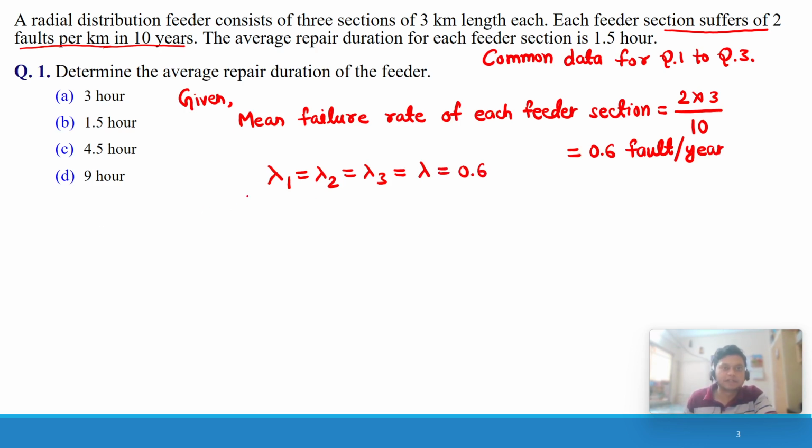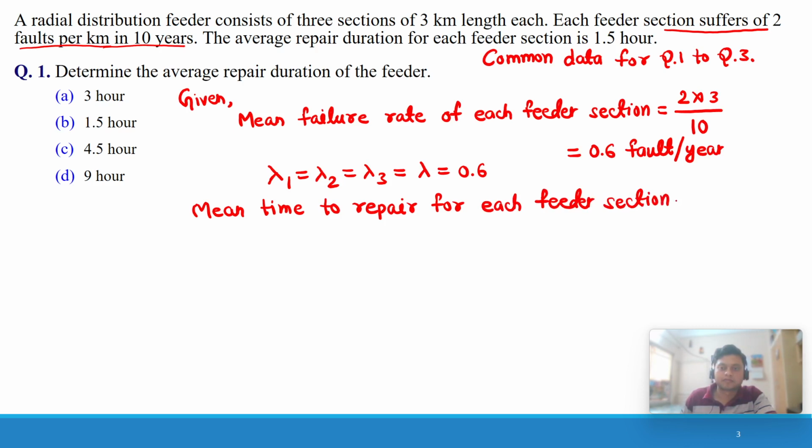Next we have been given the average repair duration. You can write it as mean time to repair for each feeder section is 1.5 hour.